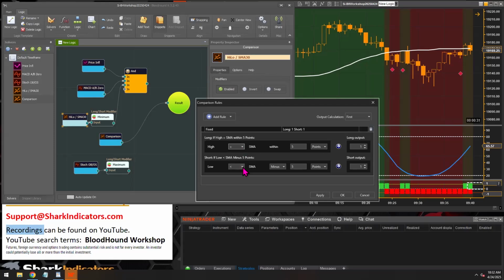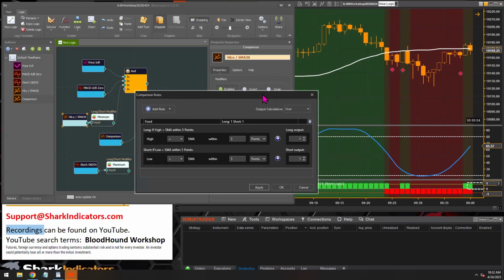Yeah, actually, I'm going to use the equals. This will be a little easier. So typically there's a couple of ways to do something here, but let's use the equal condition here, right? Because now it creates this range. So now we can see, is the high equal to the SMA within a 5-point range, right? So let's hit apply and see what we get.